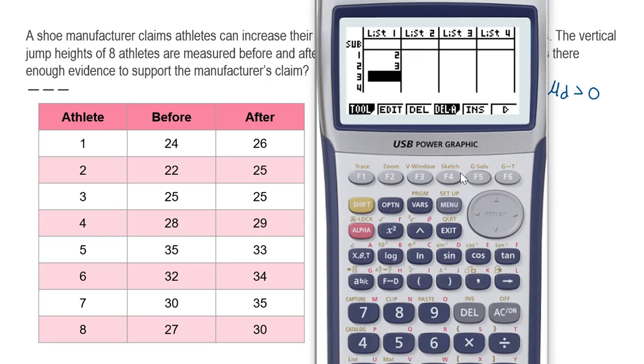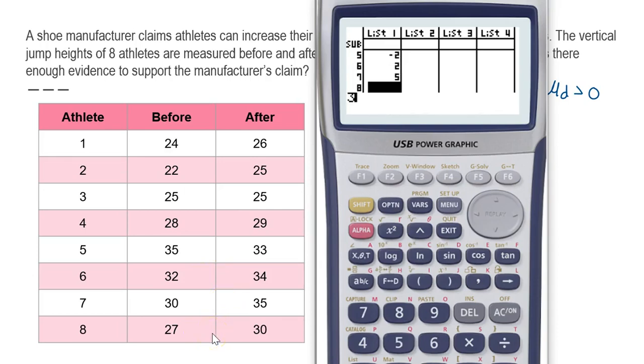Person number 3 stayed at 25, so their difference was 0. Person number 4 went from 28 to 29, they improved by 1. Person number 5 went from 35 to 33, so they actually went down 2, so I'm going to put in negative 2. Person number 6 went up 2, person number 7 went up 5, and person number 8 went up 3.